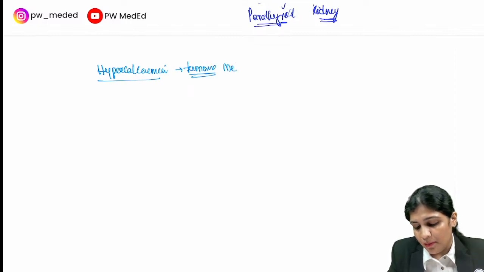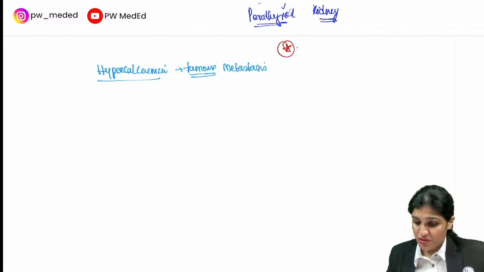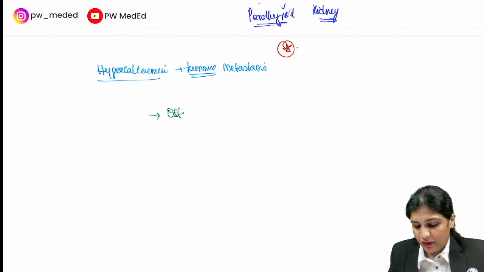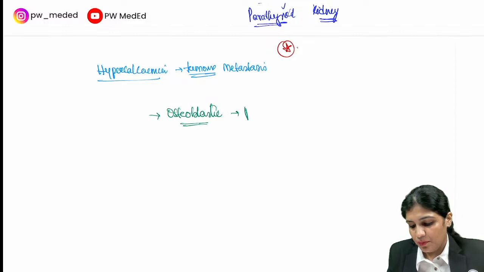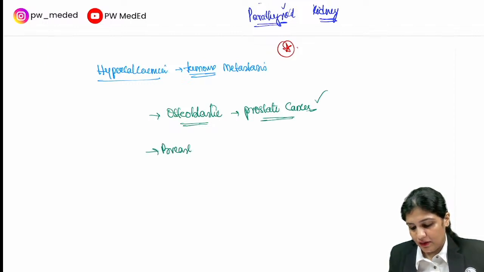So tumor metastasis is one more important condition which you have to remember in orthopedics, and specifically for prostate, what you have to remember is that the metastasis is osteoblastic in case of your prostate cancer, right? And in case of your breast, they are osteolytic.